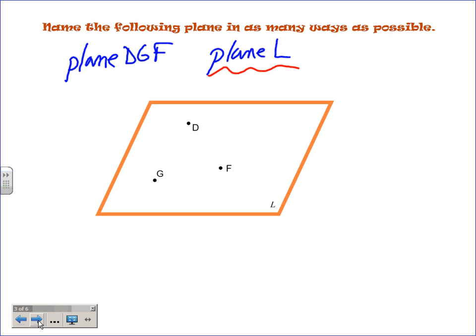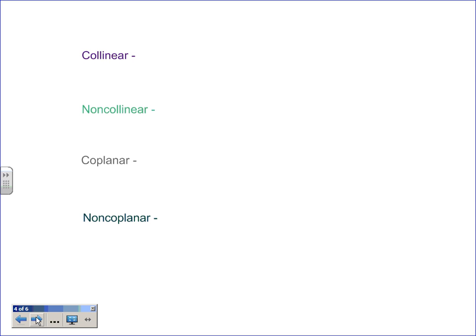So you can name a line, you can name a plane. What else is next? Oh, hey, these look familiar. Collinear. We talked about that yesterday. Anybody want to give it a shot today then? Yeah, I think that pretty much sums it up, right? In fact, I think that's exactly what that says. Word for word. Points that are on the same line.